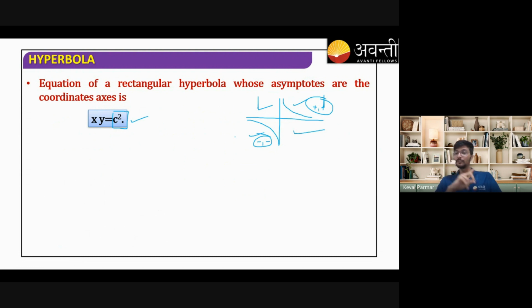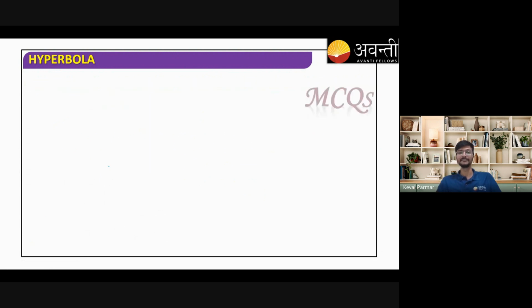But those points do not lie on this hyperbola. That means they should not satisfy. So the value of x into y will be negative, which will not lie on the hyperbola, which is proved by taking c square, not c. Okay? I hope I made myself clear.